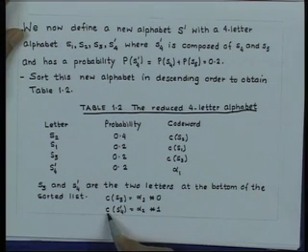Now we already know the code word for CS4 dash is equal to alpha 1.